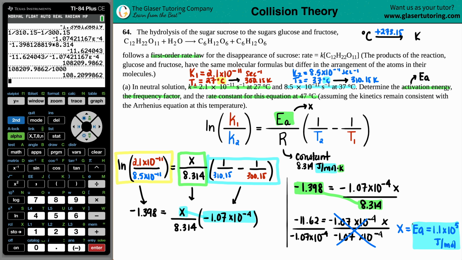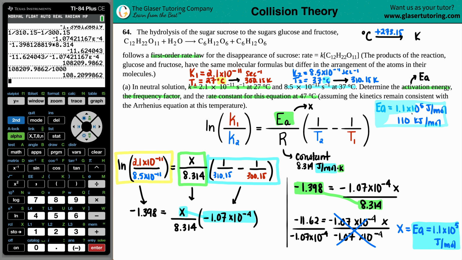So maybe that's what I'll do. So for my EA value, it's either going to be 1.1 times 10 to the 5th joules per mole or 110 kilojoules per mole. Okay, and that's the first part. So what I'm going to do is I'm just going to color this in, and then we're going to move on to the second part.